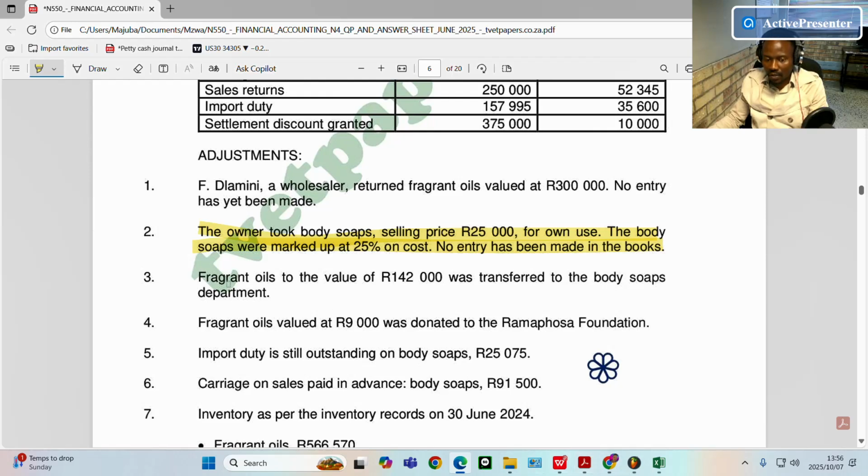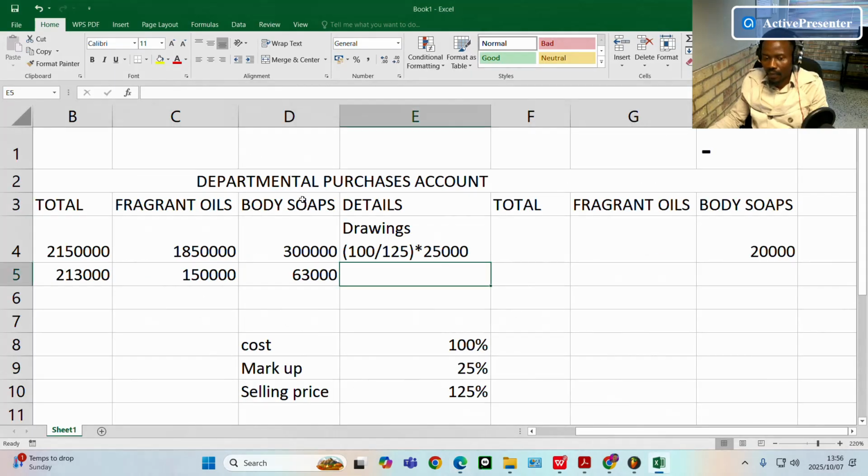It says fragrance oil to the value of 142,000 was transferred to the body soaps department, meaning it moved from fragrance oils to body soaps. So obviously when something is transferred, it should be on the debit side, meaning it's a transfer.